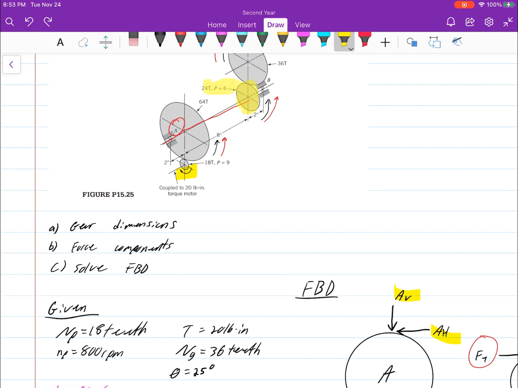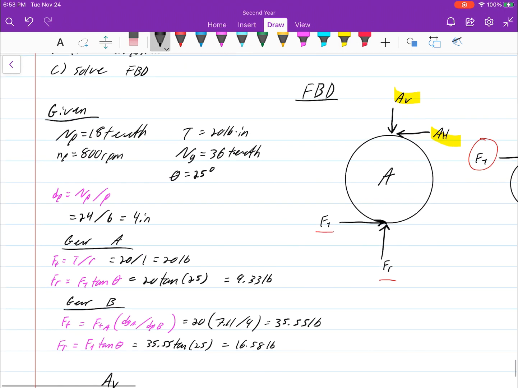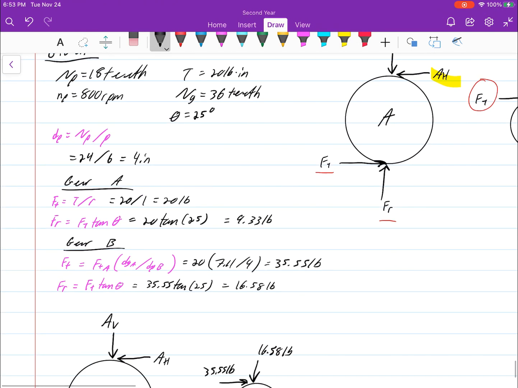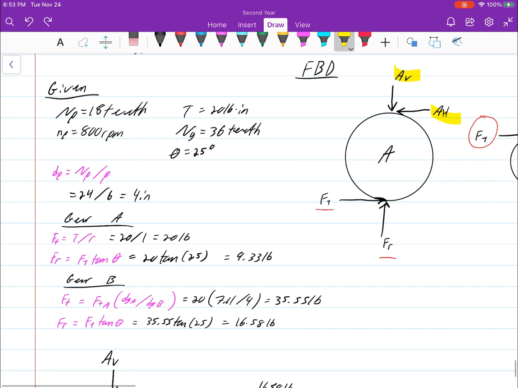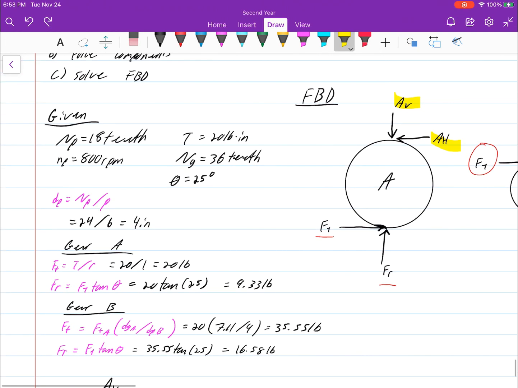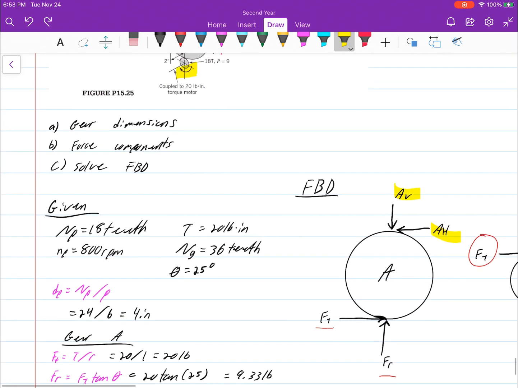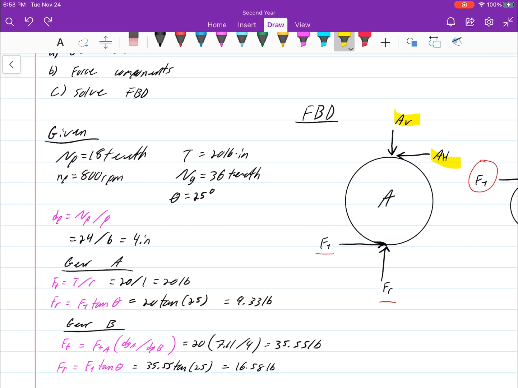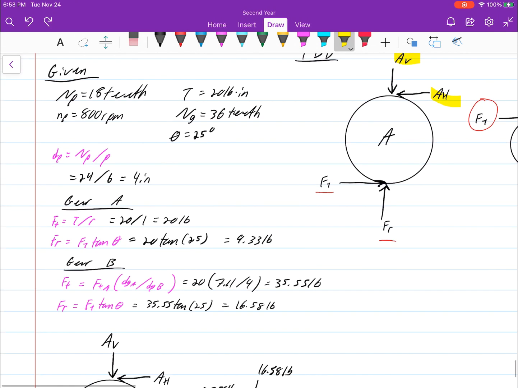And we're looking at this gear specifically. Now that we've done that, we are able to move on to the next part, which is right here. To find the tangential force, we can use this equation. We divide the torque by the radius, so that's 20 divided by 1, which is just 20.